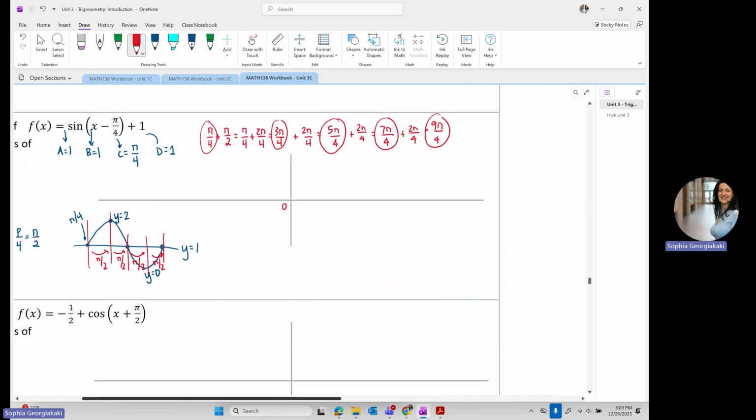So this is 0, 1, 2, 3, 4, 5, 6, 7, 8, 9 pi quarters. So that's 1 pi quarter, 2, 3 pi quarters, 4, 5 pi quarters, 6, 7 pi quarters, 8, 9 pi quarters. And my midline is y equal to 1.